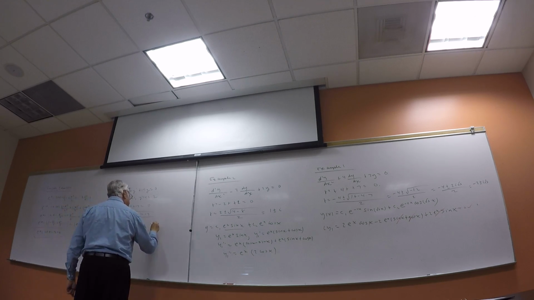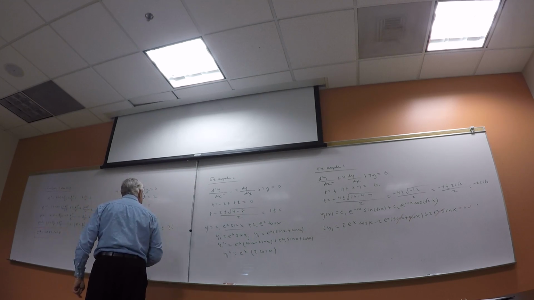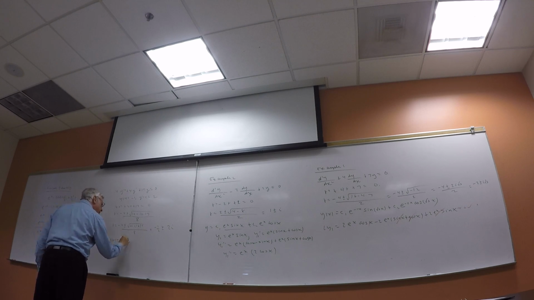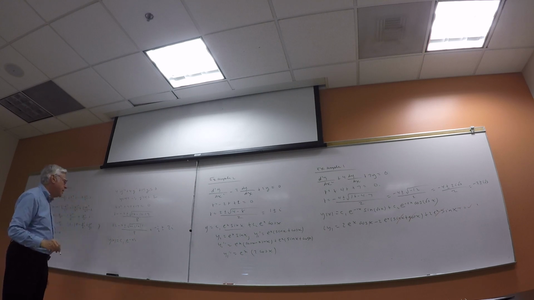We're going to get -1/2 plus or minus 2i. Should that be 1/2 i? Oh, never mind. It's squared. Yeah, because it's 16 squared.